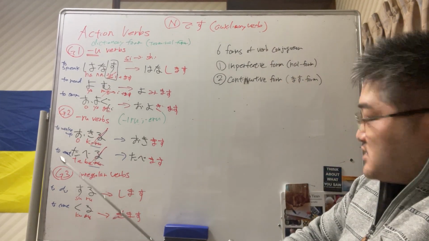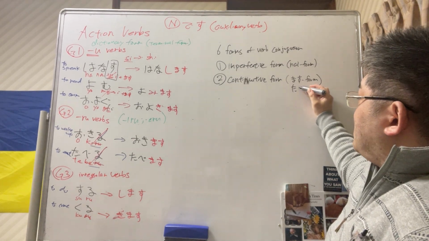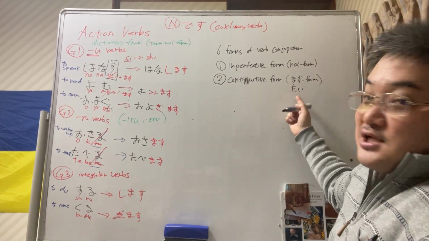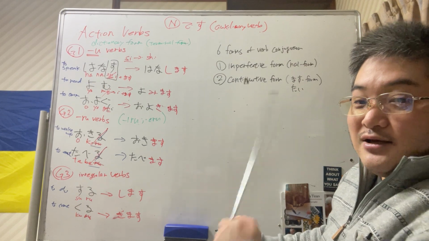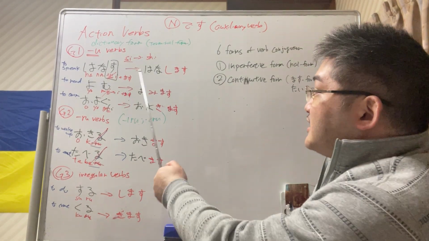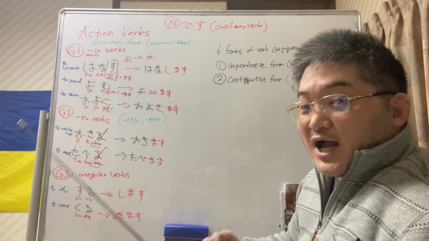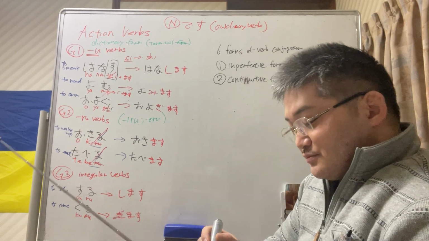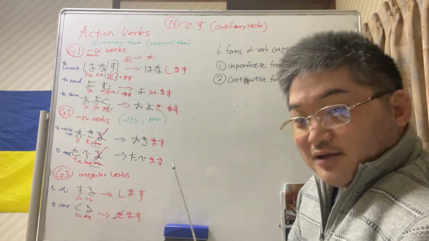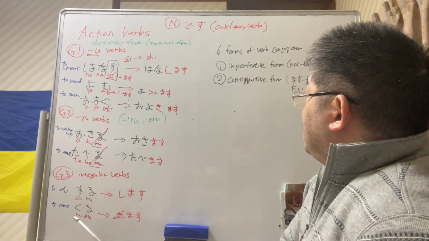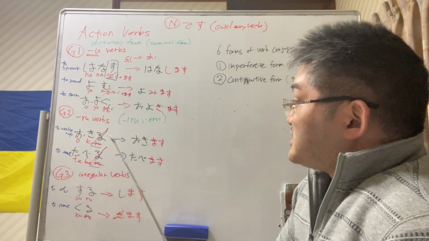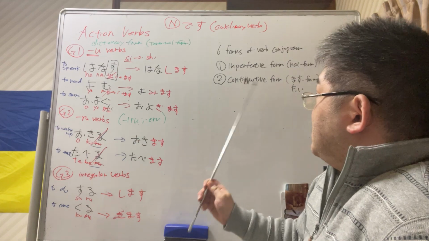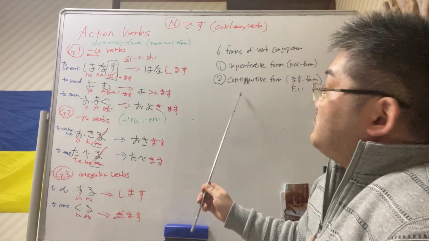This form also includes tai. Instead of masu, if you use tai, it gives you hanashitai, which would be I want to talk. So this all happens here, which is very simple.